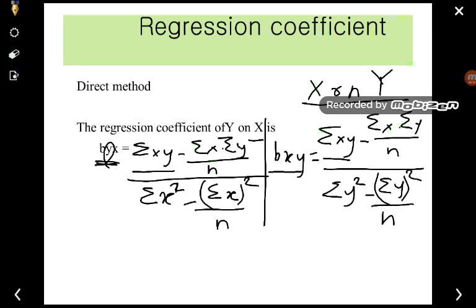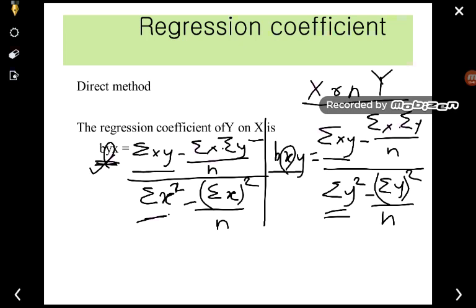If you find the regression coefficient of y on x, then you have to calculate summation of x square minus summation of x the whole square by n. When you are asked to find x on y, then you have to take the denominator as summation of y square minus summation of y the whole square divided by n.